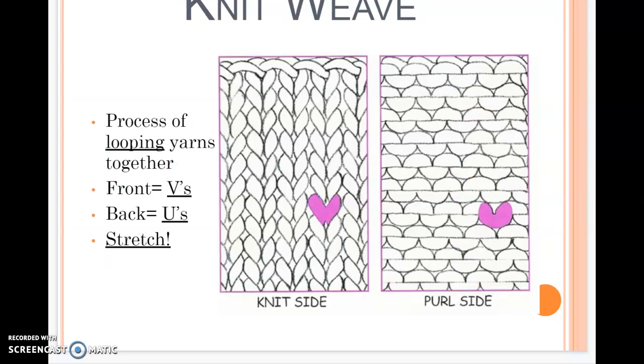And then we have our knits. Knit is a process of looping yarns together. Oftentimes the front is going to have a V shape and the back is going to have a U. Okay, knits are very, very stretchy. They're oftentimes very cozy and comfortable to wear. They are very difficult to sew with because they do stretch.